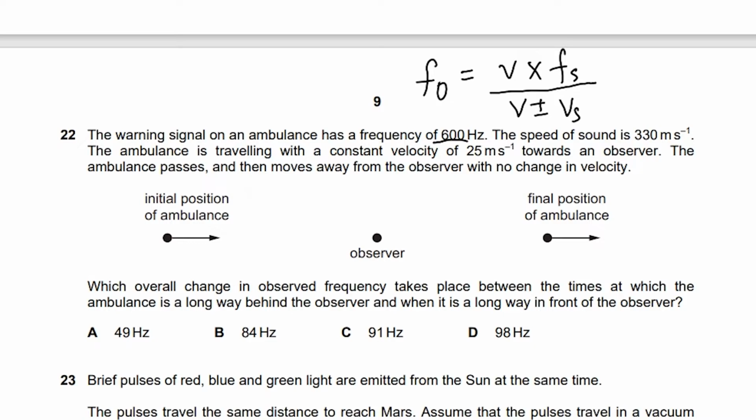Now minus applies to an approaching source. In the initial position, this minus sign applies, and plus applies to a receding source. So plus applies to the final position. Now we have to use this formula to calculate the observed frequency initially and the observed frequency finally. So let's begin. We have 330 multiplied by 600 over 330 minus 25.